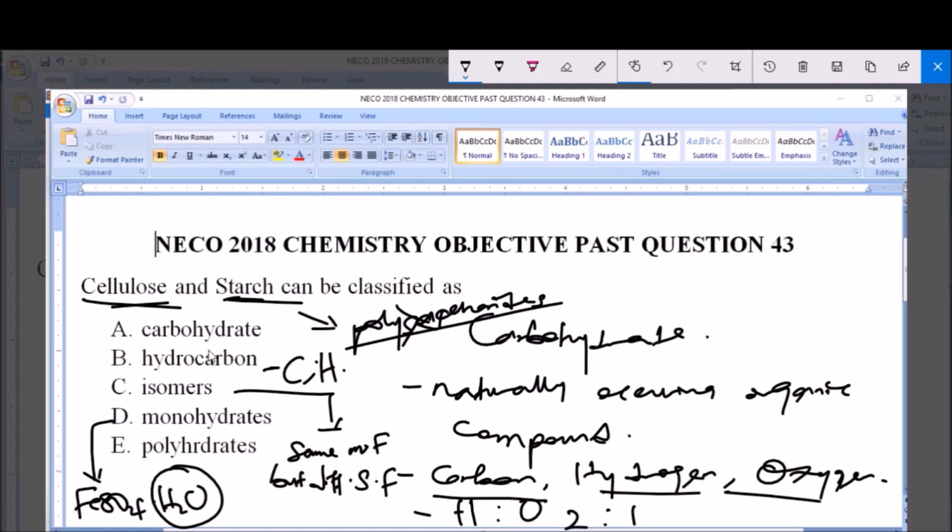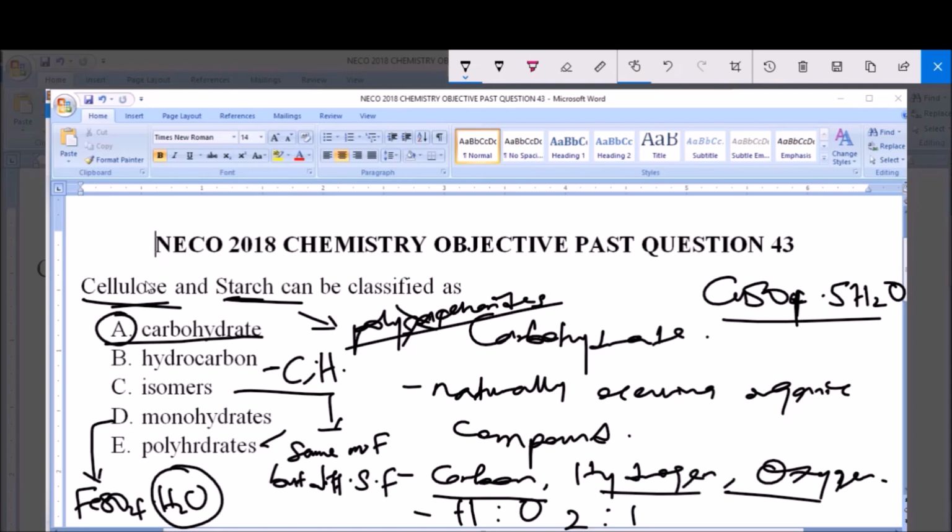Then for polyhydrates, polyhydrates contain more than 2 moles of water. An example of a polyhydrate is hydrated copper II sulfate, CuSO4.5H2O. Now this is a polyhydrate. So the answer to this question is option A, carbohydrates.